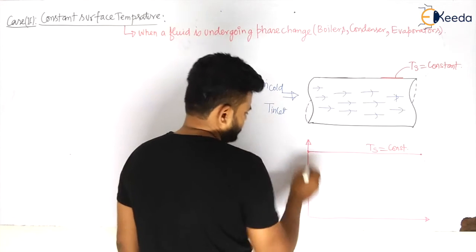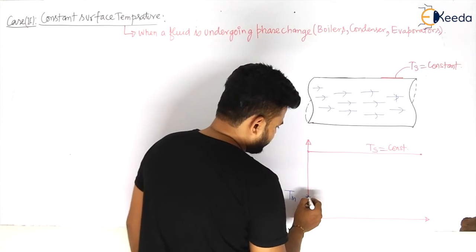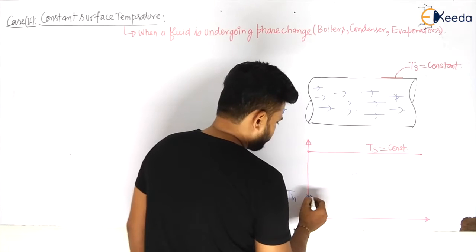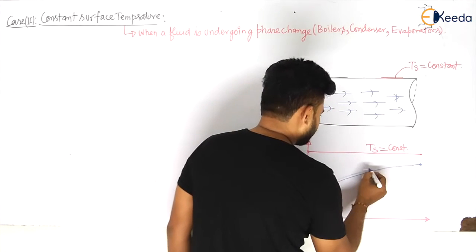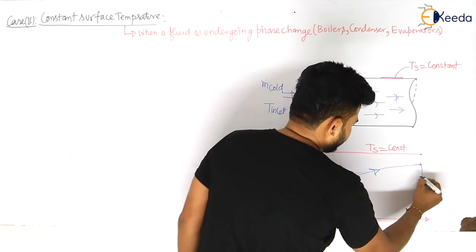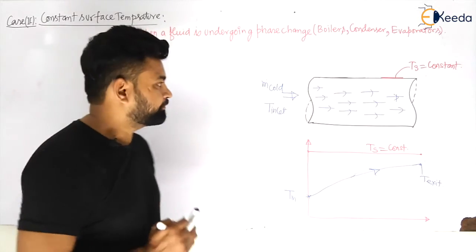Slowly the temperature of the fluid will increase up to the exit, and this will be your T exit, the exit temperature of the fluid.